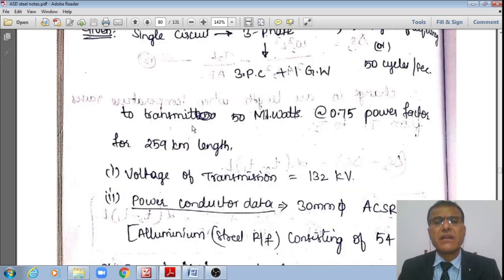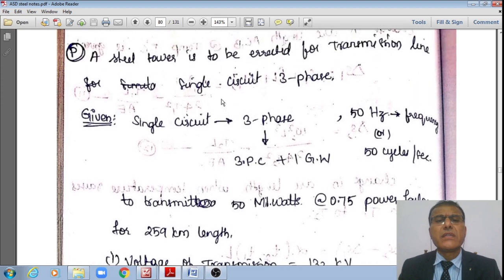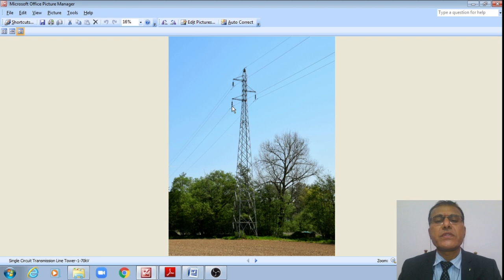Single phase, or what is called a single circuit three phase, with 3 power conductors plus one ground wire. Therefore that is how: 1, 2, 3 power conductors and one ground wire. And this is one photograph of a single circuit 3 phase.